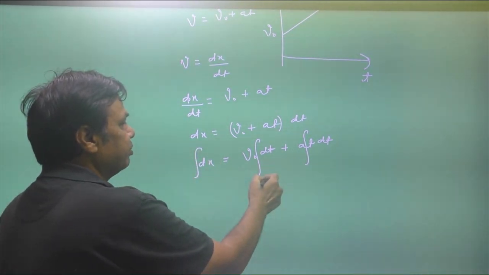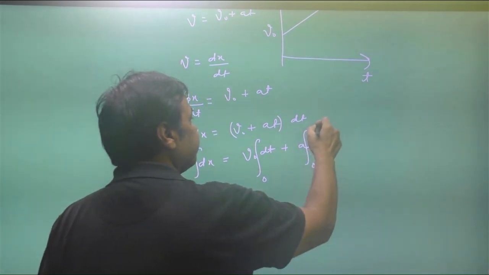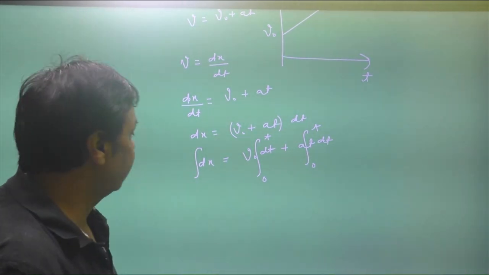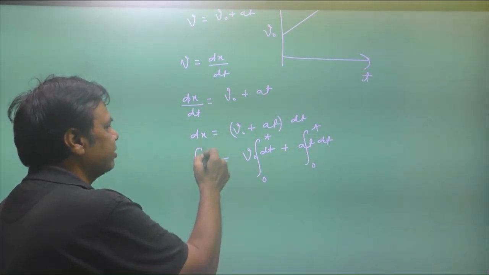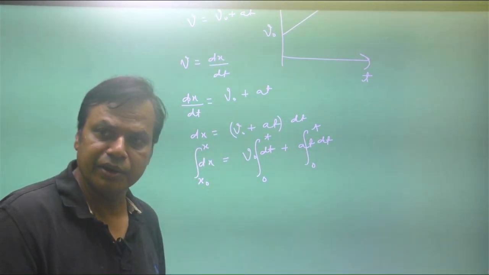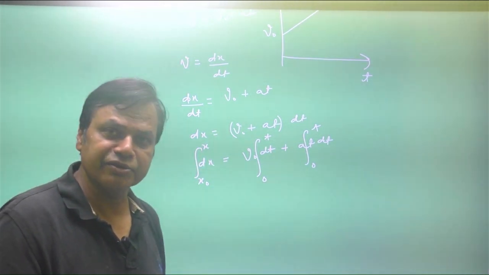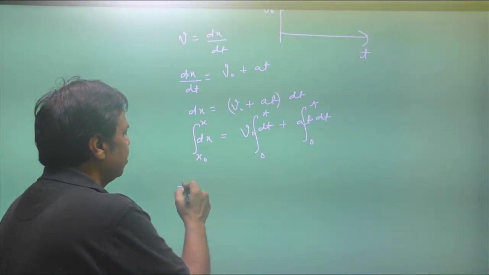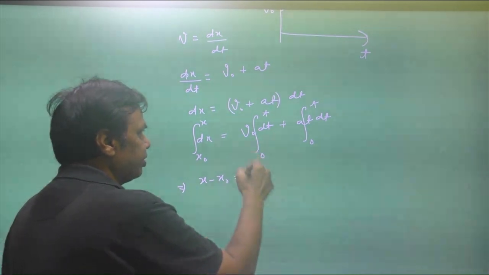Time starts from 0 and any arbitrary moment is simply t, so I write here, and at the initial moment x was simply x naught, and at any arbitrary moment I am giving the value of x simply as x. So the integration gives you x minus x naught on the left hand side.